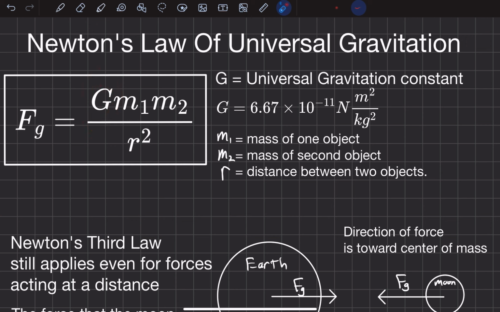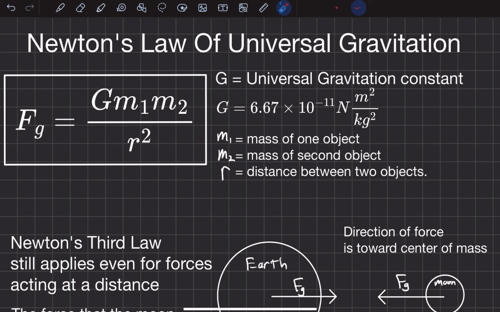After this universal gravitation constant, we have m1 and m2. Sometimes this is represented as a large M and a lowercase m. The idea is that it's two different masses, because each of these m's usually in physics represents mass. So we have m1 being the mass of one object and m2 being the mass of the second object.